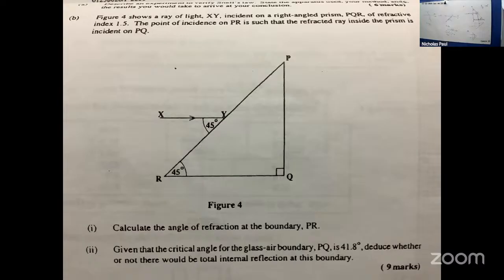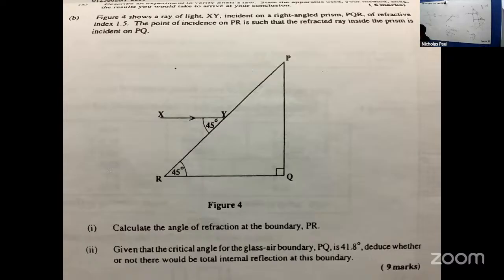Figure 4 shows a ray of light XY incident on a right angle prism, PQR, and they give you the refractive index. The point of incidence on PR is such that the refracted ray inside the prism is parallel to PQ. Calculate the angle of refraction. Try that quick.